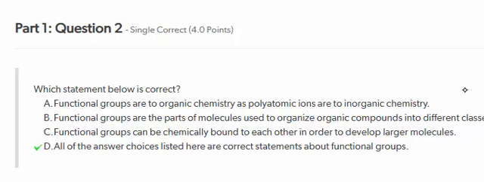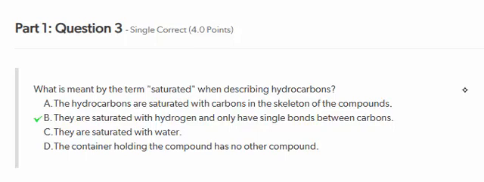That's true as well because, again, those functional groups offer specific reactivity and specific properties to our organic compounds. Functional groups can also be chemically bonded to each other in order to develop larger molecules. That's true as well. All three of those statements are true.